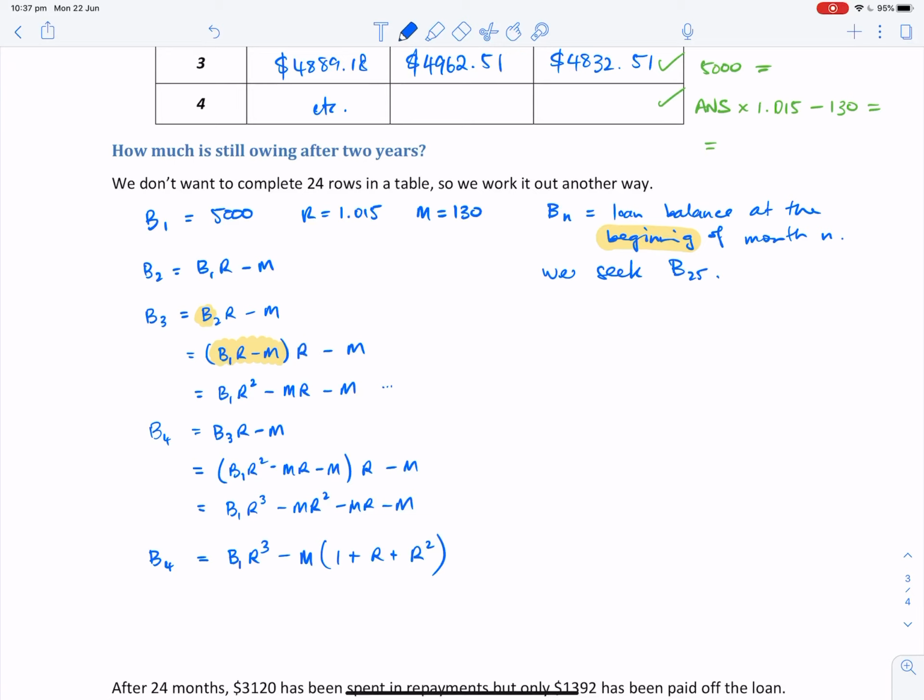And we can see that that pattern will continue.